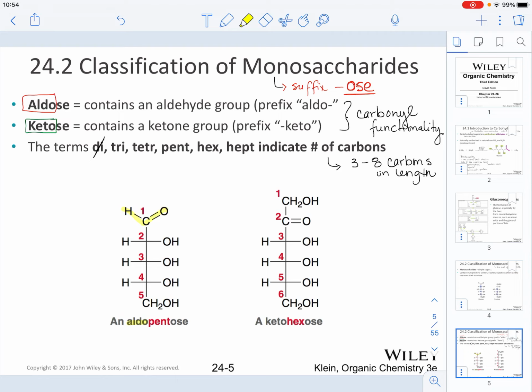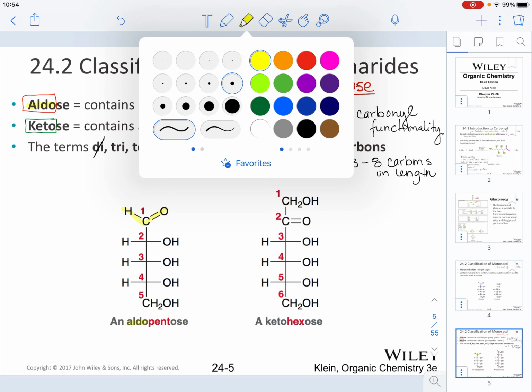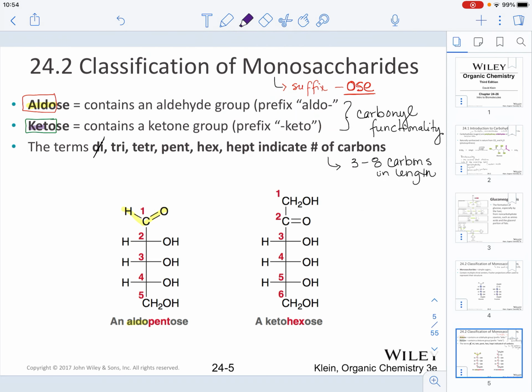If we look at the next example, then there is a ketone functionality. And this ketone functionality designates that this is going to be a keto because it has 6 carbon atoms in total, is a hex, and then because it's a monosaccharide or a carbohydrate in general, is going to end in OSE. So this is a ketohexose.